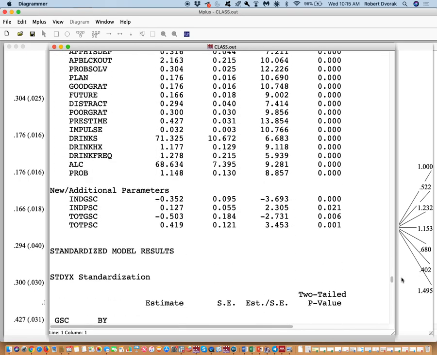I'm going to stop right here. Somebody scroll down to model indirect and tell me what it says for good self-control for the indirect effect and the total effect. Do they match the new parameters we created? Nobody knows?